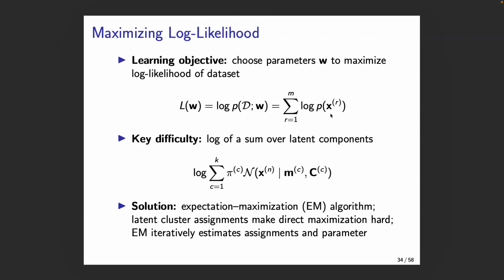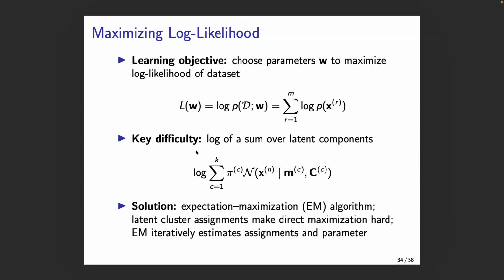Now, maximizing this log likelihood directly would be tricky, because first of all, we don't know the cluster assignments. We don't know anything about this latent variable. Then we don't know anything about the parameters for each Gaussian, the mean vector and the covariance, right?